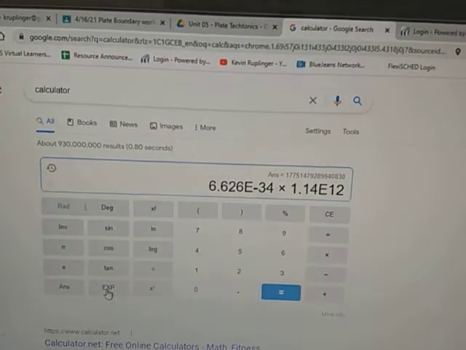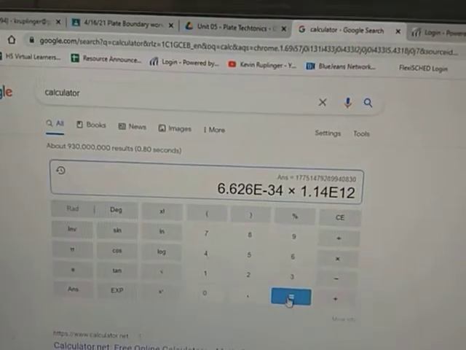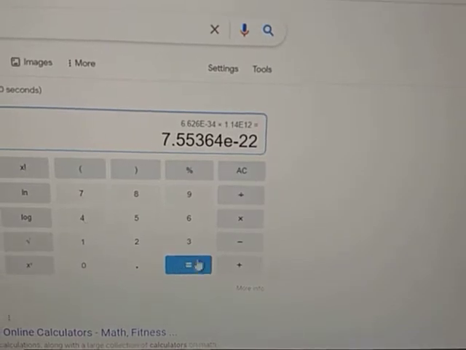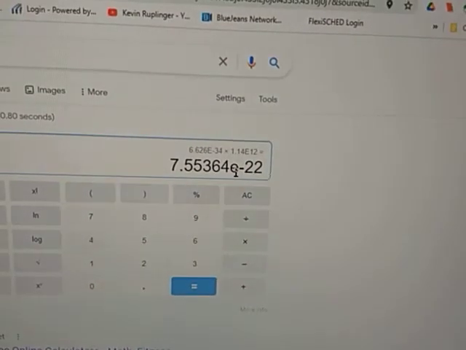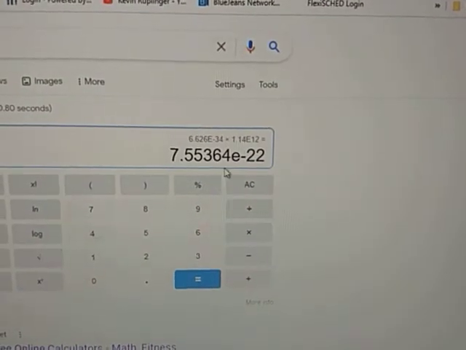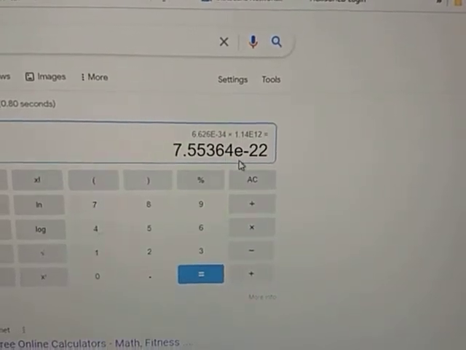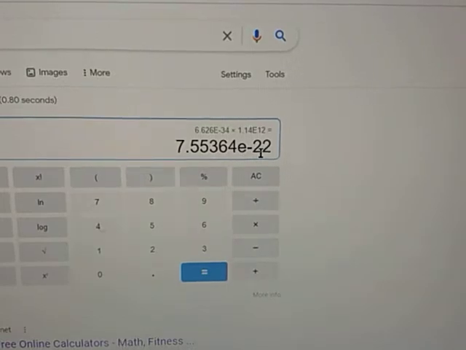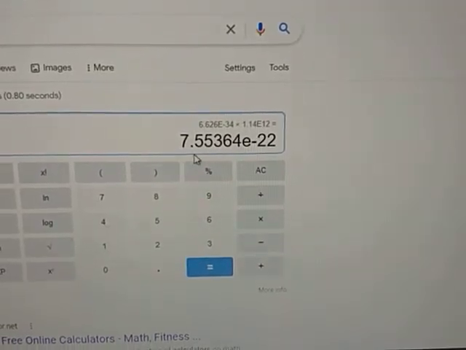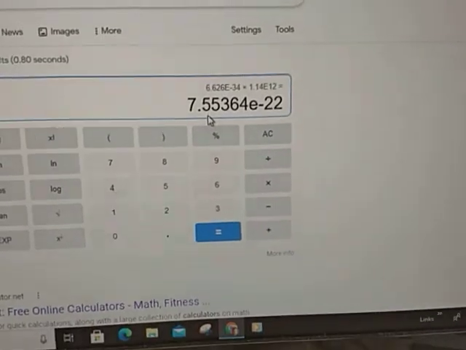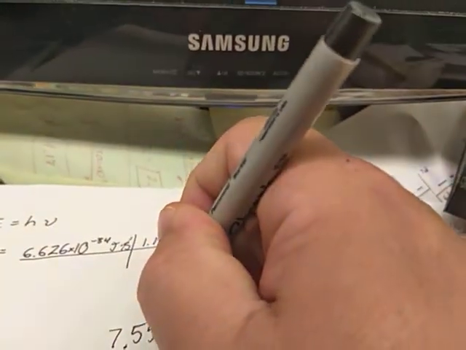I just have to do this. If I hit equals, notice the display. On the other calculator, it gave a little times 10 to the power. Here, it's just saying E. And we have to recognize that that E means times 10 raised to the power of negative 22. But I've got 7.56. I did that wrong when I was rounding off before on my paper.